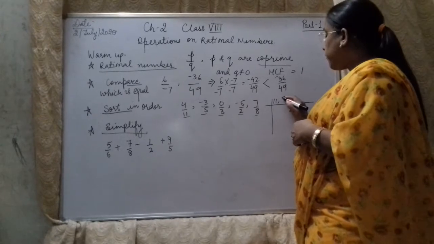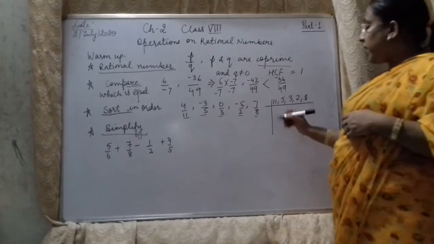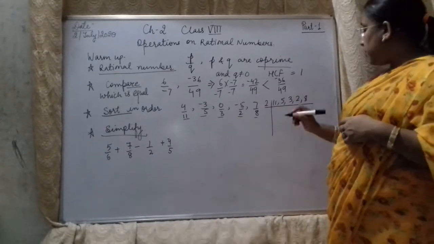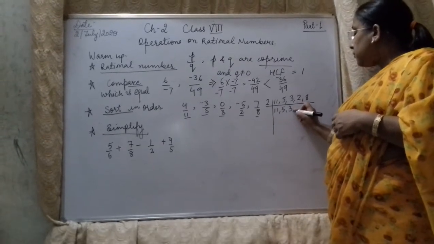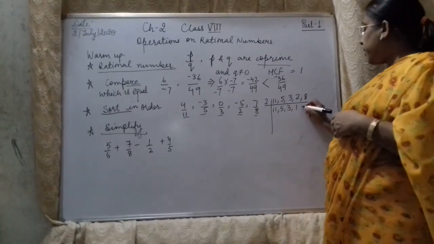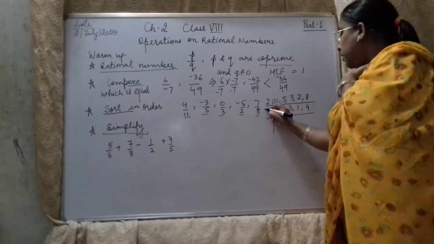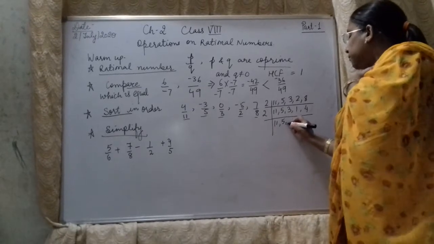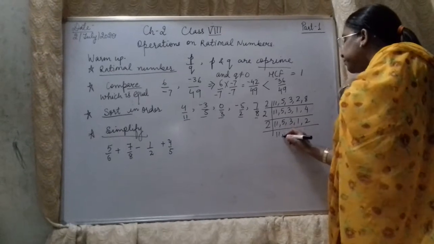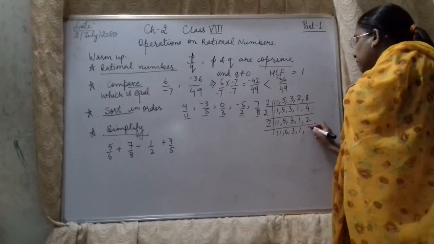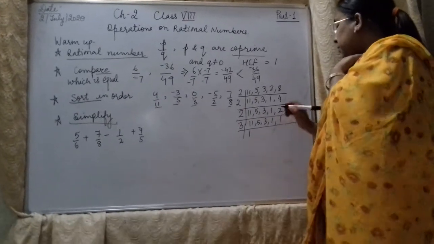So the denominators are 11, 5, 3, 2 and 8. To find the LCM, just start with the lowest factor, 2. This will remain the same, 5 will remain the same, 2 ones are 2, then this will be 4, again 2, again 2 because 8 is there, and all the others become 1.